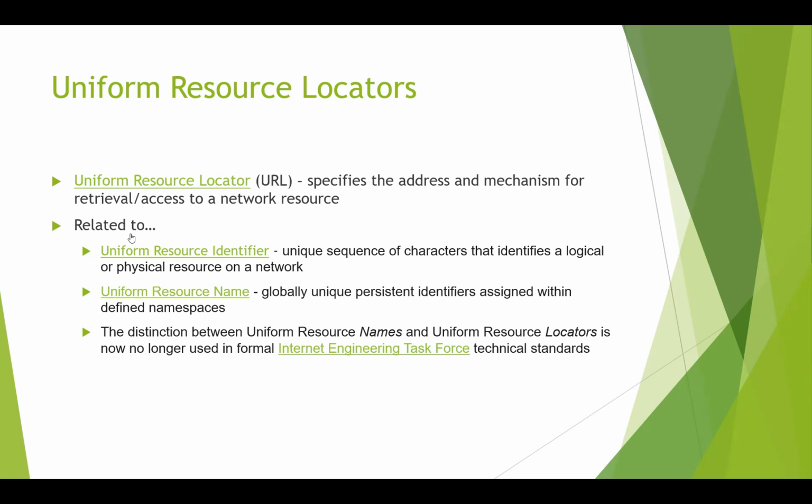What do I mean by that? Well, let's start with the URN, or the Uniform Resource Name, to appreciate what's actually going on. The idea is that it's supposed to be a globally unique persistent identifier, and you can think of that as perhaps something like a UPC code or the ISBN number off of a book.